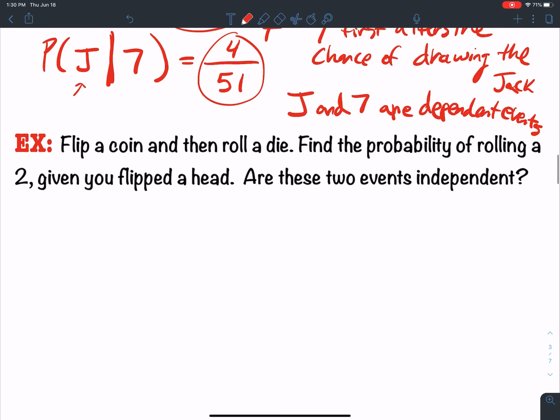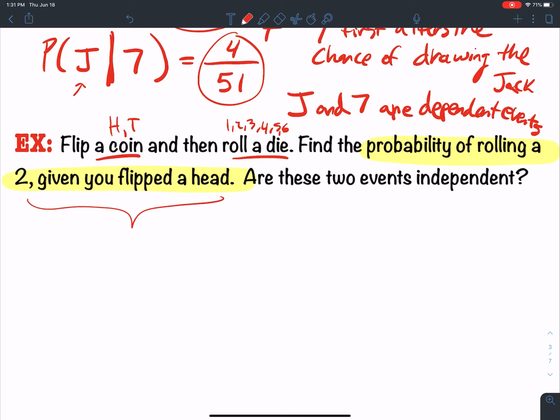Okay, let's try this one. Flip a coin, either heads or tails, and then roll a die, 1, 2, 3, 4, 5, 6. Find the probability of rolling a 2 given you flipped a heads. So how do I write that?